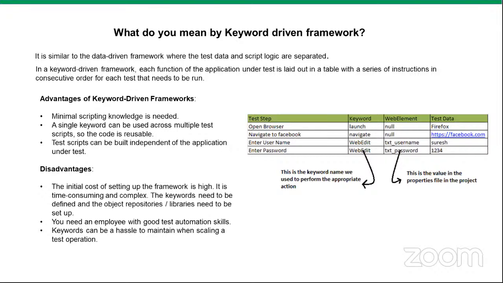Whatever operations you need to perform through the automation framework, you can provide in an external data source like Excel. Every action like opening the browser, navigating to a particular URL, or entering data can be completely updated from the data source.